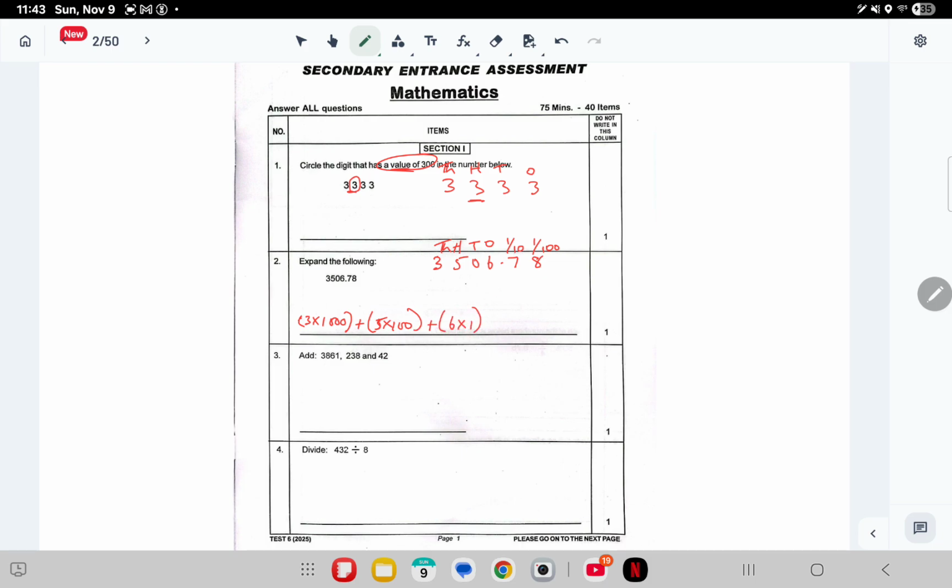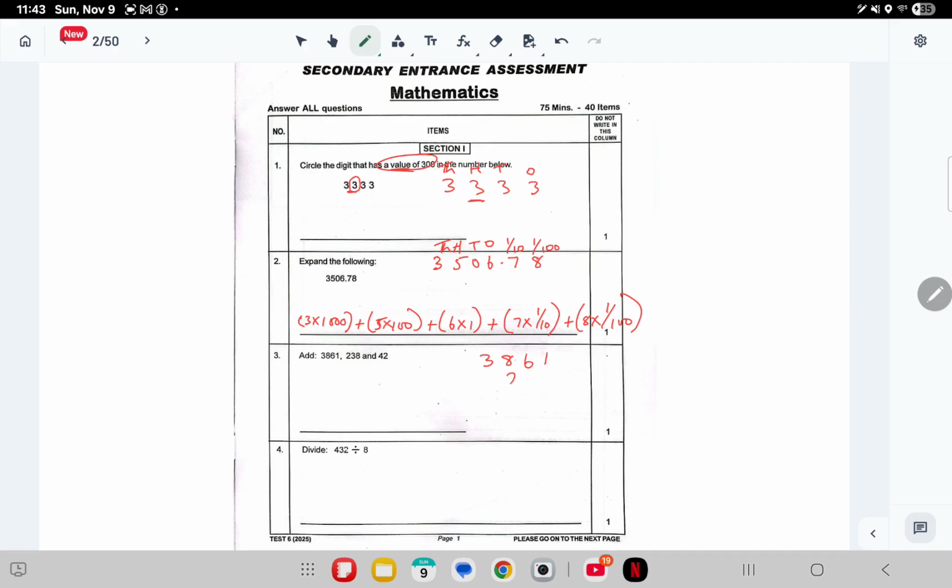You could put the 0 by 10 if you want. Plus 7 by 1/10 plus 8 by 1/100. So good.